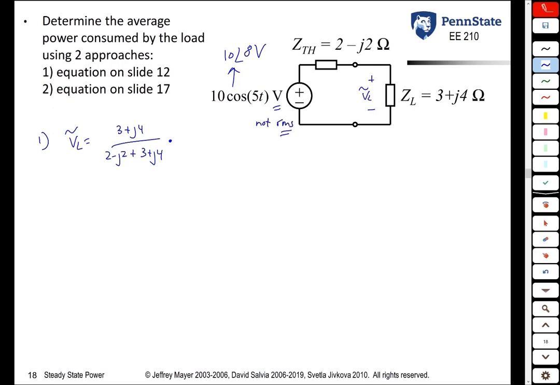It's not given as RMS, so you assume that is the actual amplitude. So when you multiply that by 10 at an angle of 0 volts, you get 9.285 at an angle of 31.33 volts. To convert it to RMS, divide by the square root of 2. 9.285 over root 2 at an angle of 31.33 volts RMS.